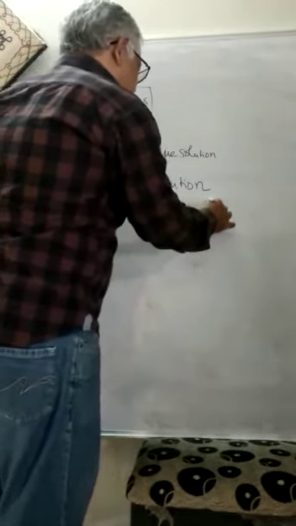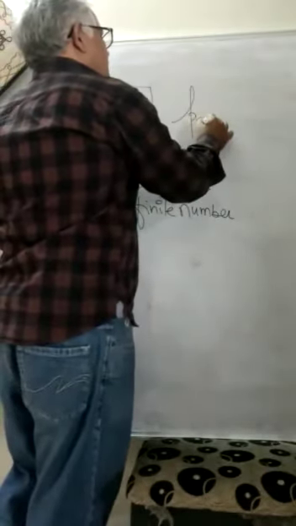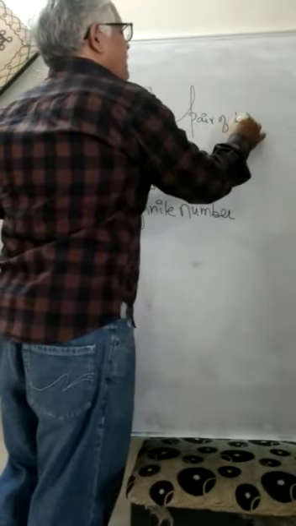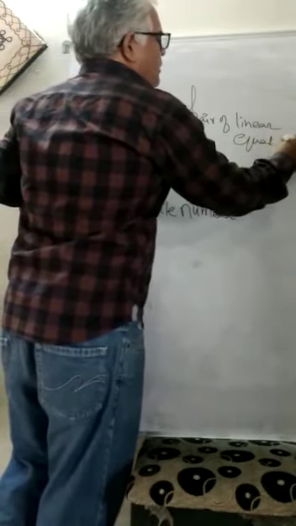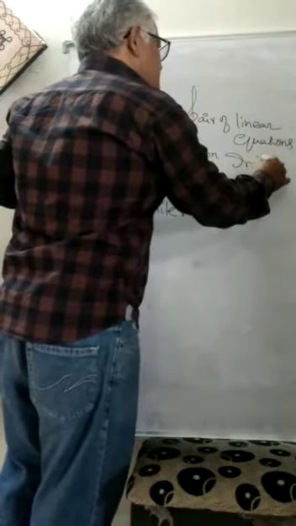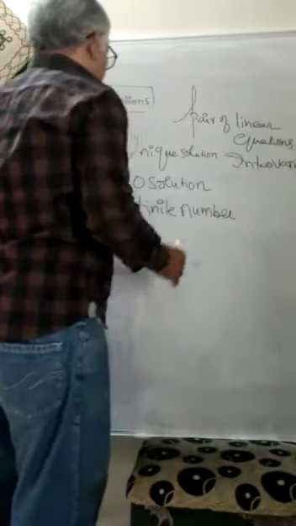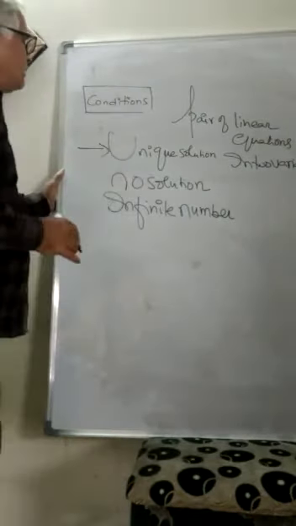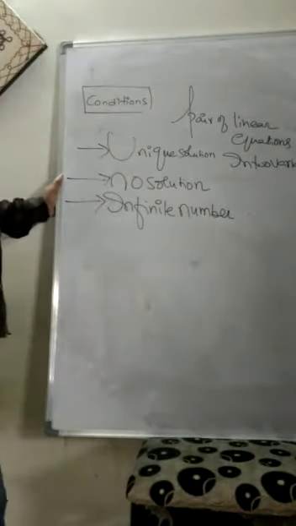Given a pair of linear equations in two variables, you can have one unique solution, no solution, or infinite solutions.